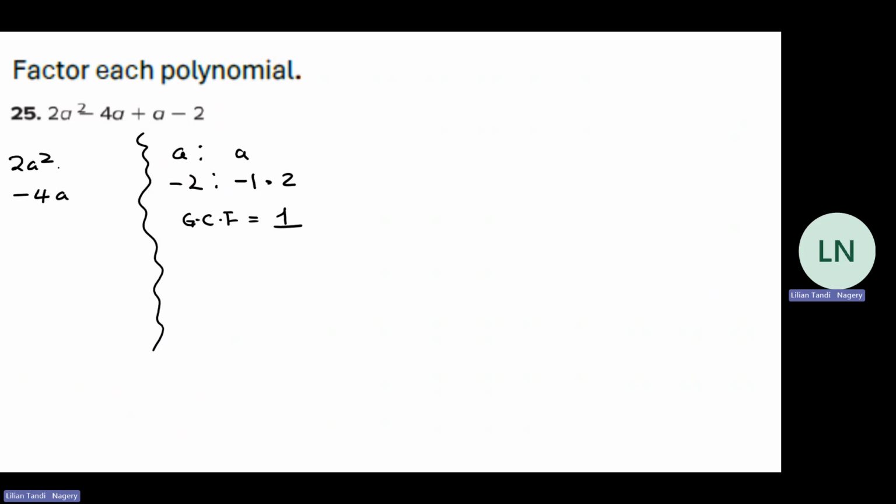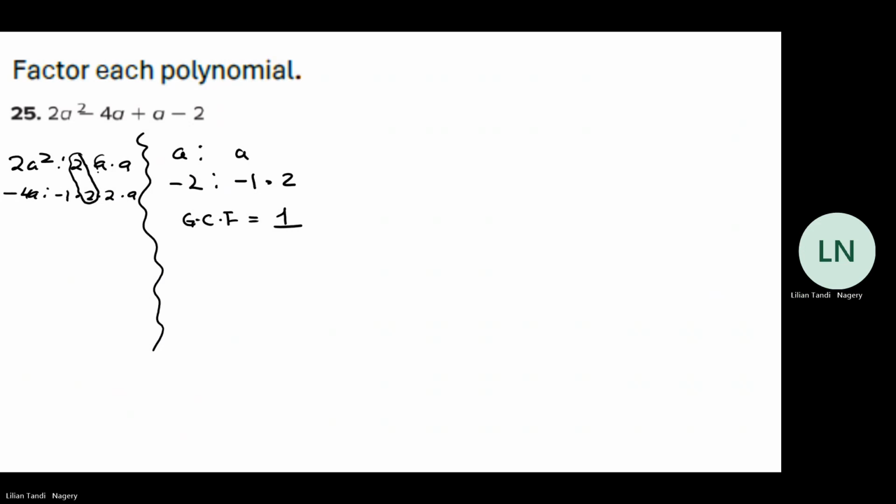This becomes 2 times a times a. This becomes negative 1. Sorry. So negative 4a becomes negative 1 times 2 times 2 times a.